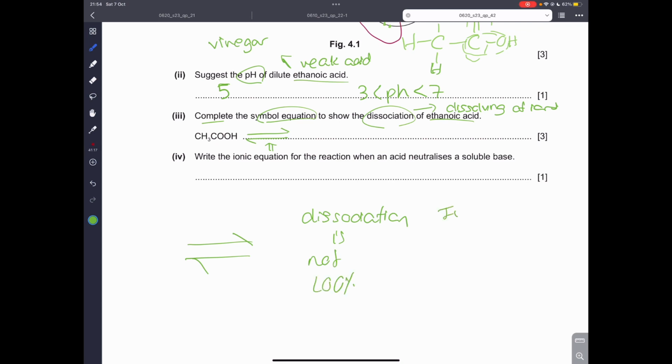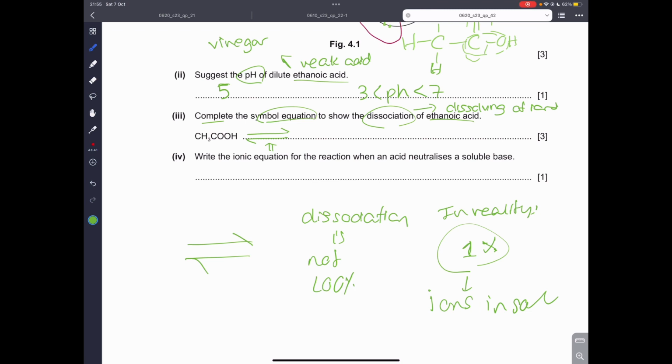In reality, only 1% is dissociating. So only 1% of that is going to be turned into ions in solution. It is basically a very low amount, and that is also the reason why it is a weak acid. So in case they ask you that.